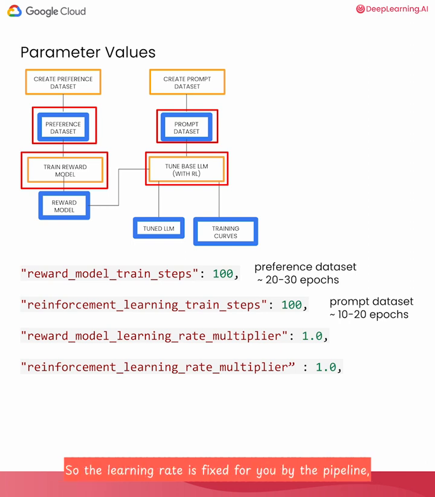So the learning rate is fixed for you by the pipeline, but you can adjust these multipliers. So what that means is if you multiply by a number greater than 1, you're going to increase the magnitude of gradient updates applied at each training step. But if you multiply by a number less than 1, you'll decrease the magnitude of these updates.